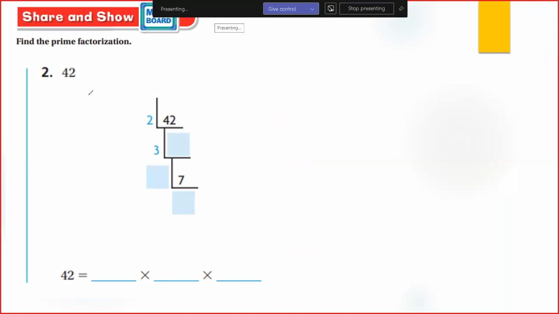Now let's solve number 42. As I told you, if you want to solve by the ladder diagram, write all the primes. Teacher, we solve it.